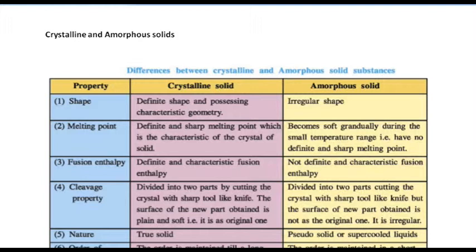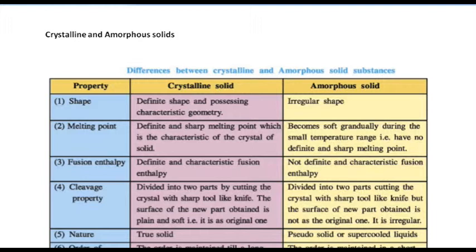In the table, we will give more explanation and differences between crystalline and amorphous solid substances. The first column will tell the property, the second column is crystalline solids, how they behave with the given property, and the third column is amorphous solids, how they deal with the given property.